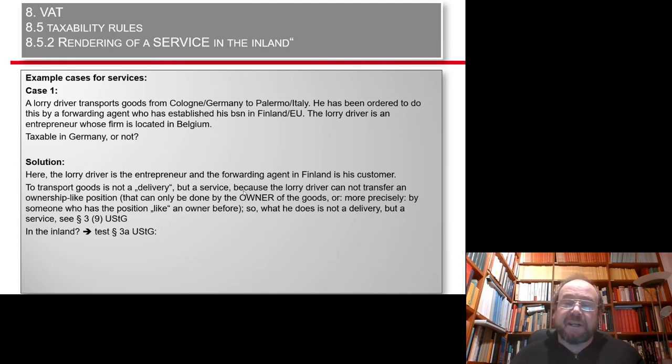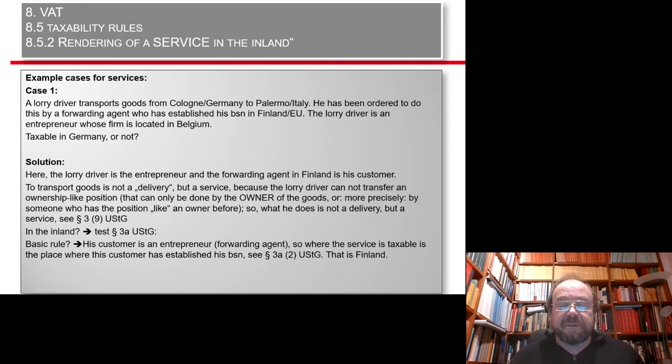Basic rules are 3A1 for private customers or 3A2 for business customers. And we have here a business customer. So 3A2 is the relevant basic rule. So the service has to be taxed where the business customer has established his business, that is in Finland.